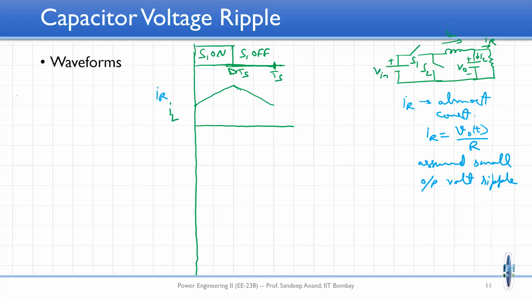There is another law which is not very popularly used, but you can guess as soon as I write it. It's called the Ampere second law. Can you guess what this would be? Can you guess from the name Ampere second law? What would that mean?